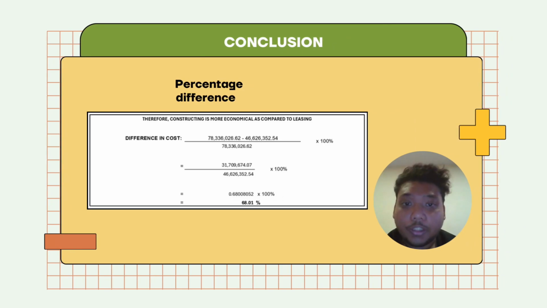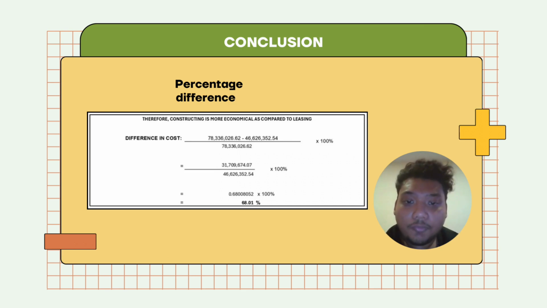Next, for the conclusion, we must get the percentage difference. Firstly, in order to know which is more economical, we take the difference between the expensive and the cheapest option. The expensive option is leasing, at 78 million, and the cheapest is constructing, at 46 million after getting the present value.